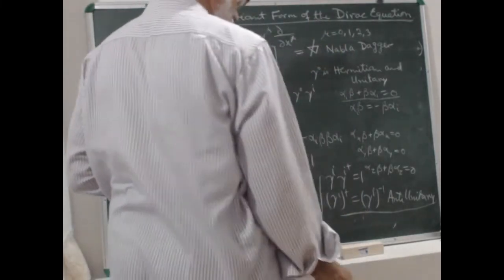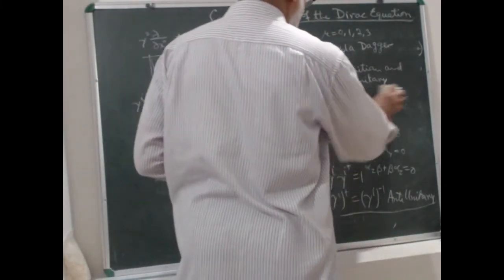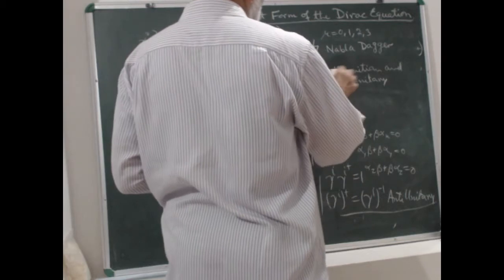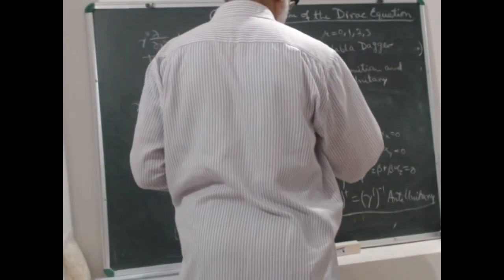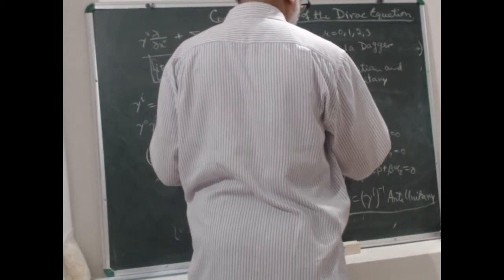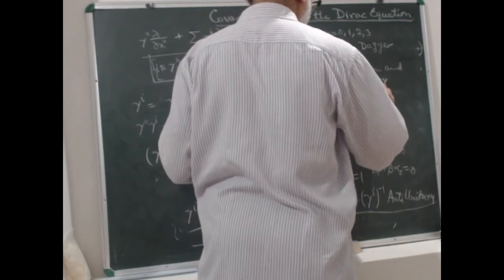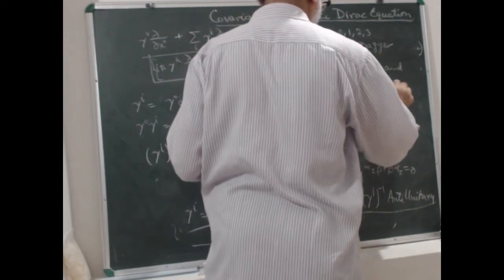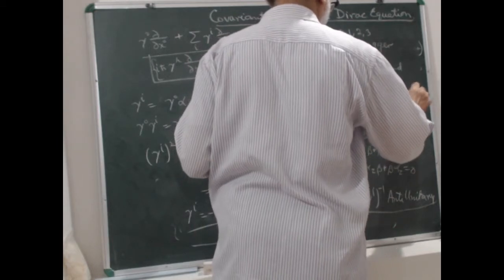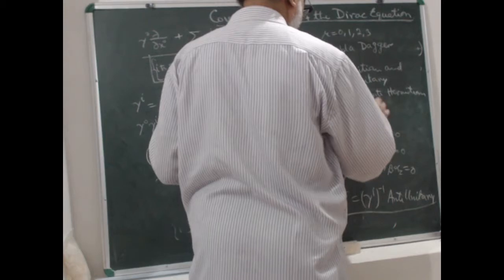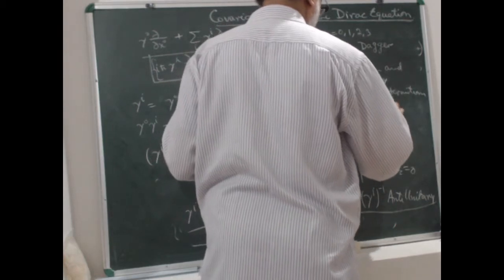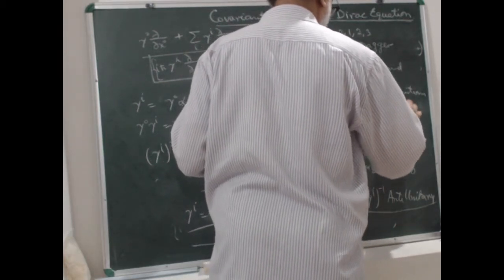So we have seen that gamma 0 is Hermitian and unitary, whereas gamma I's are anti-Hermitian and anti-unitary.